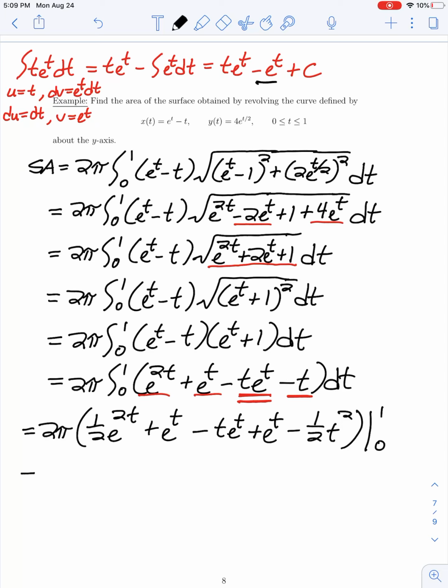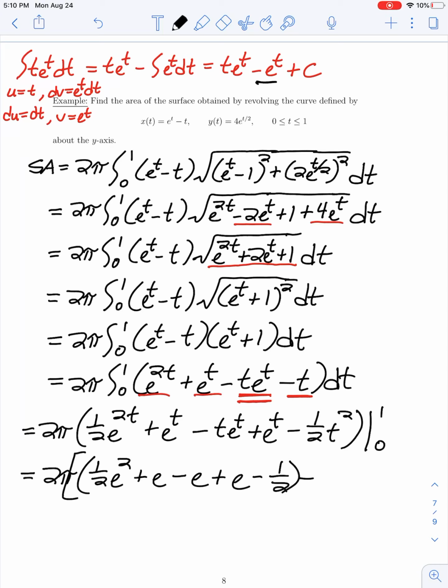So let's see what we're left with. We have a 2 pi times 1/2 e squared plus e to the first minus 1 e to the first plus e to the first minus 1/2. And then we have to subtract what we get when we substitute in 0.